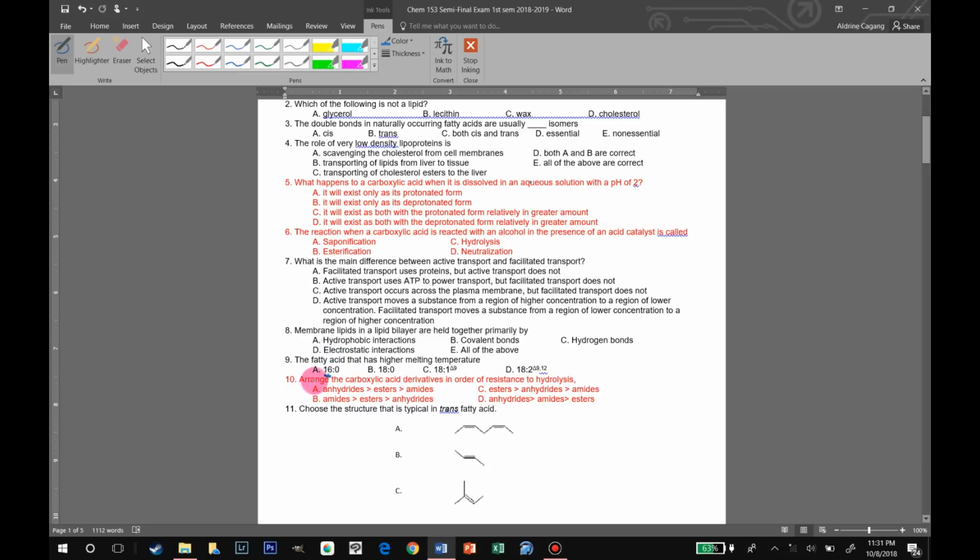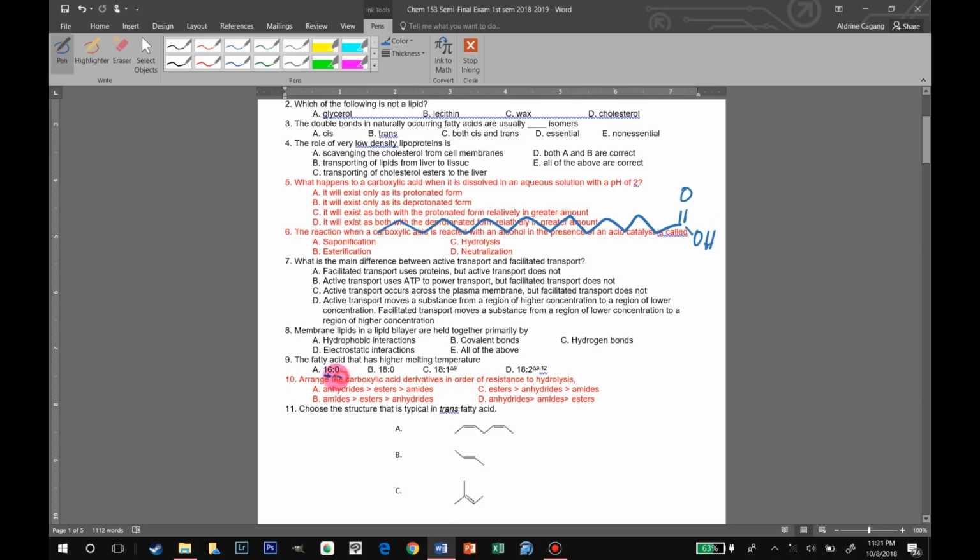Say for example here, letter A, 16:0. That's going to imply that there are 16 carbon atoms in the chain. So 1, 2, 3, 4, 5, 6, 7, 8, 9, 10, 11, 12, 13, 14, 15, 16. So that would be the fatty acid structure.